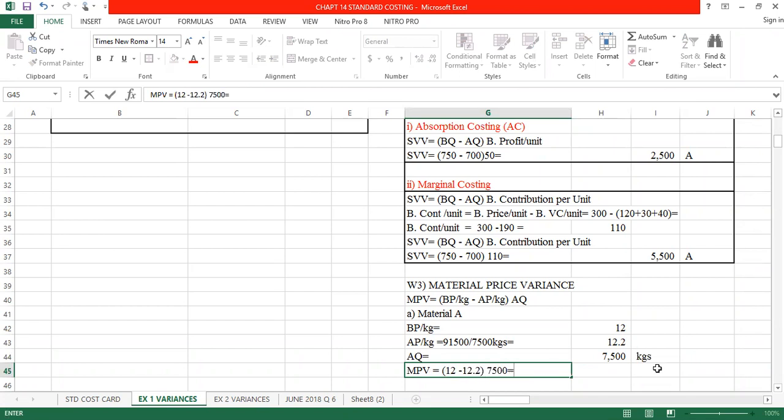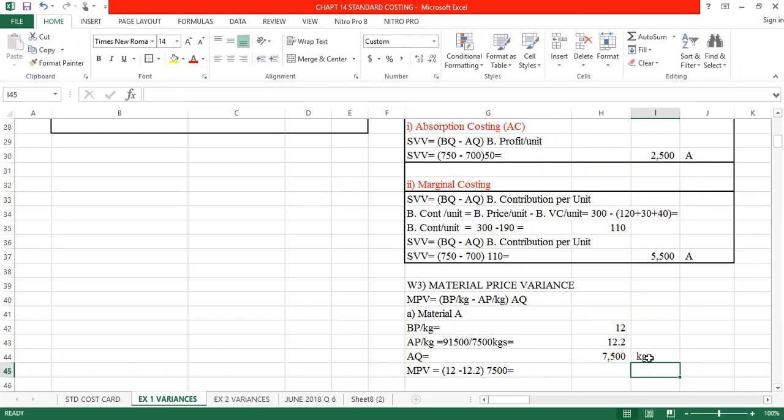So you can see we are in a position to get the answer. So what is our answer? We take absolute 12.2 minus 12 times 7,500. What do we get? 1,500.